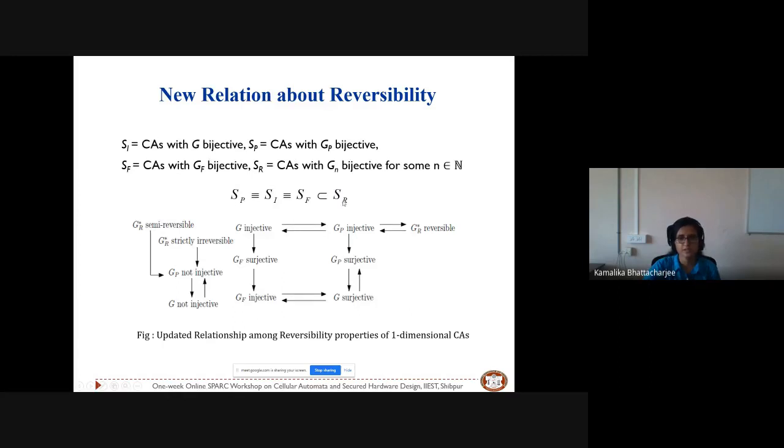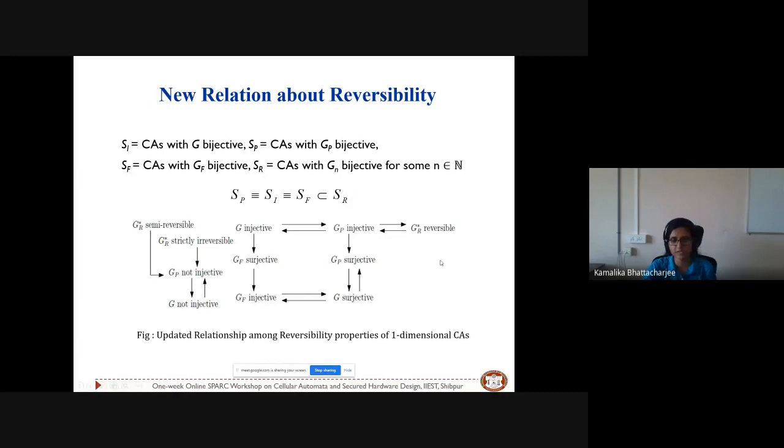So if we take the sets of CAs with G injective, GP injective, GF injective, and GN injective, then obviously these three sets will be equivalent, whereas this SR, that is the set of CAs which are injective for some ends, is going to be the superset.